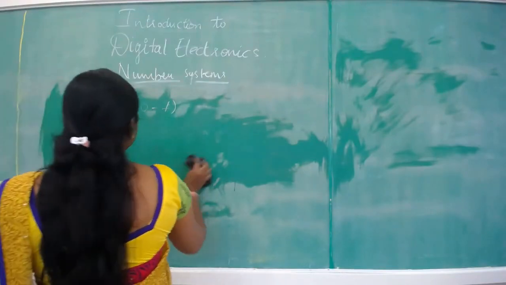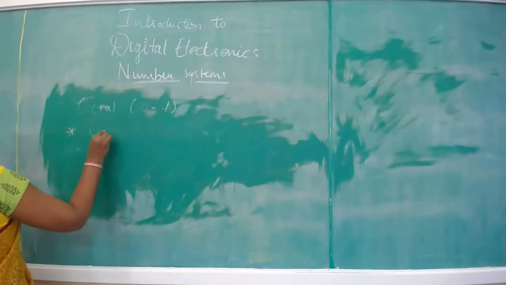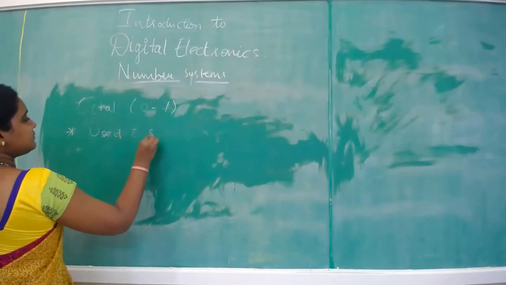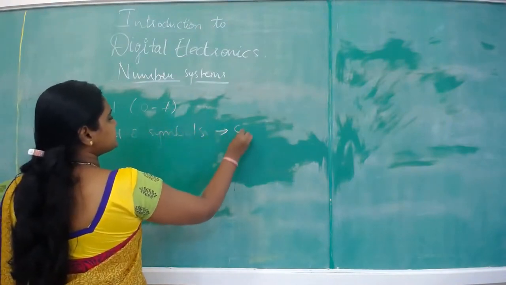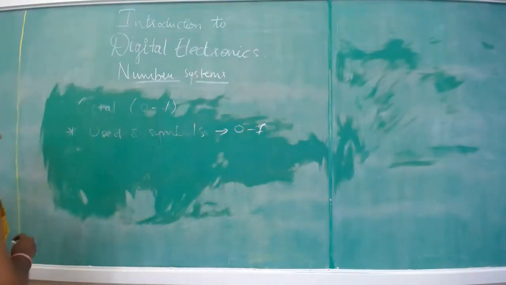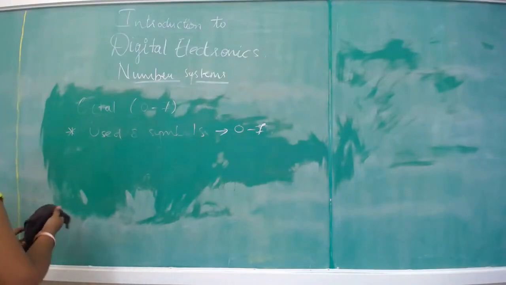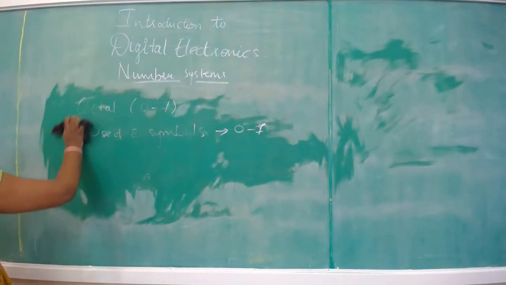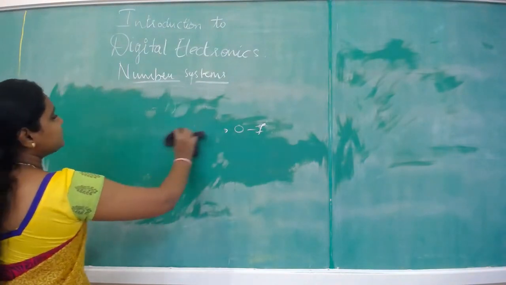I will write that now. It uses 8 symbols, that is 0 to 7. So how many total symbols is it having? It is having 8.